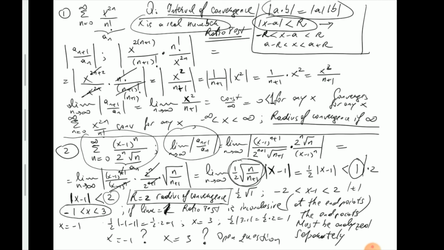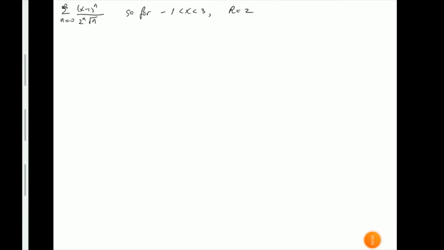The ratio test doesn't give us the answer in that situation because the limit will be 1. So what we need to do is plug in these endpoints individually into the series, and then use other convergence tests to figure out whether the series converges at those endpoints. So stay tuned to finalize this example. All right, so let's continue.